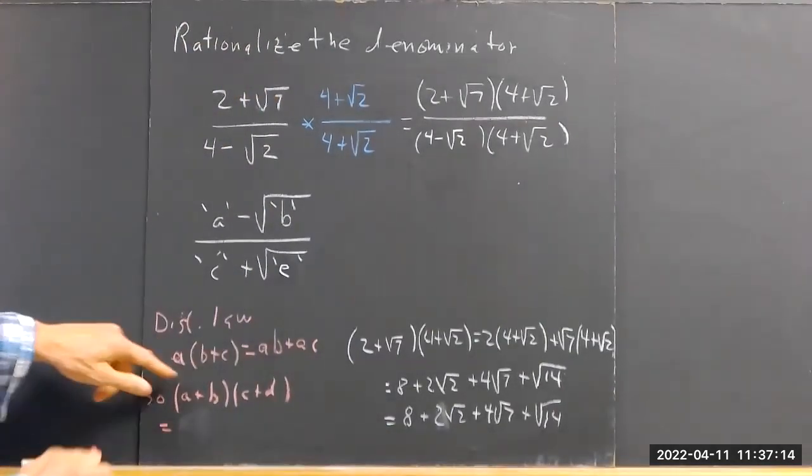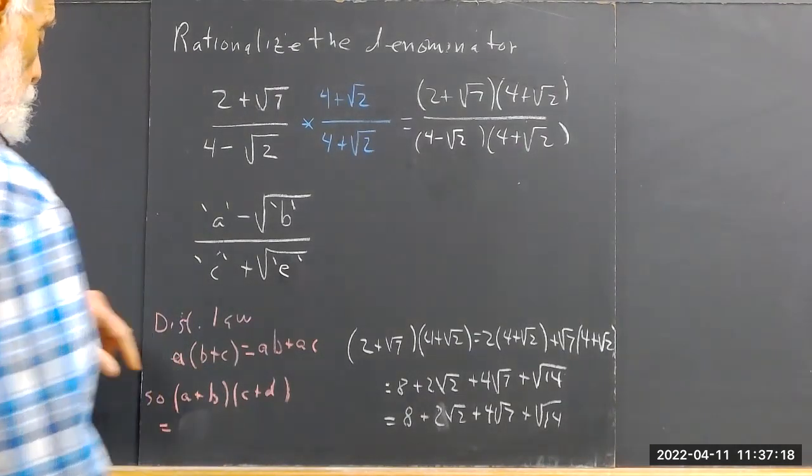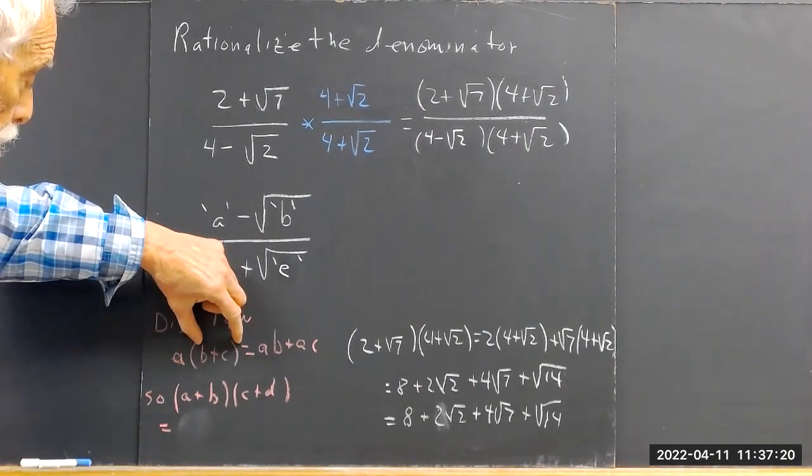If you write it in the order I wrote this, what am I multiplying by this?